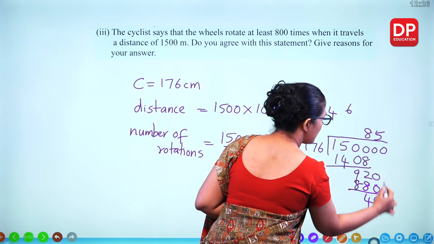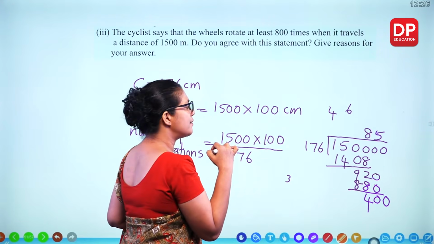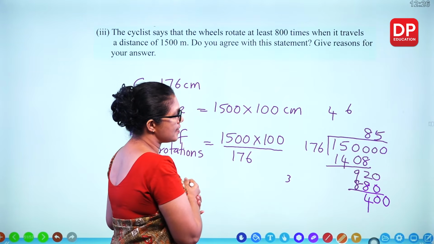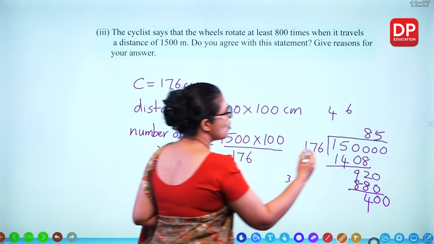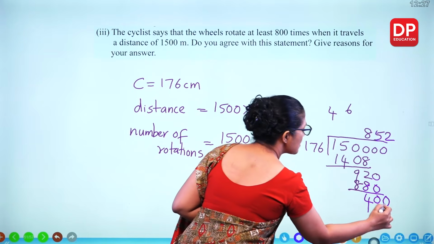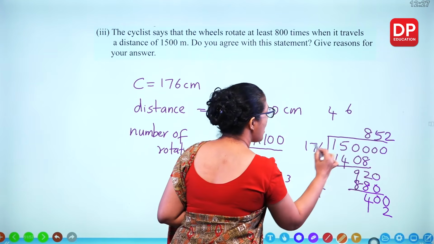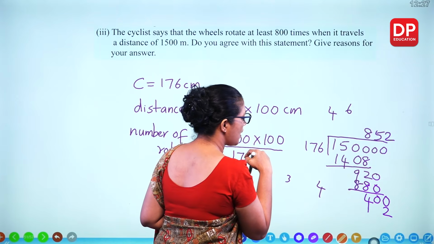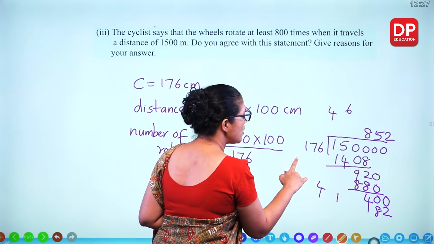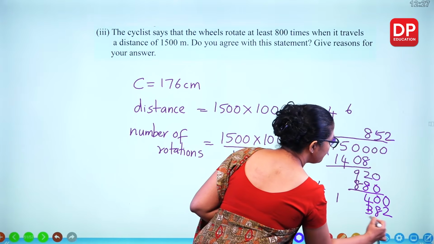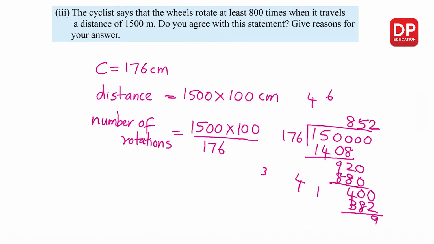Then another 0 is there, for 400. How many 176s? That should be 2. 2 times 6, 12. 2 times 7, 14 plus 1, 15. 2 times 1, 2 plus 1, 3. So you get 48.